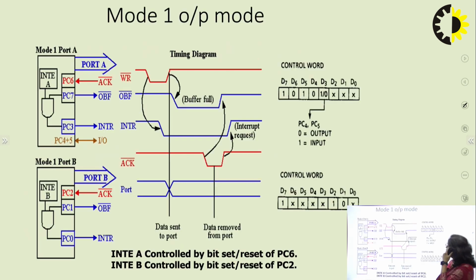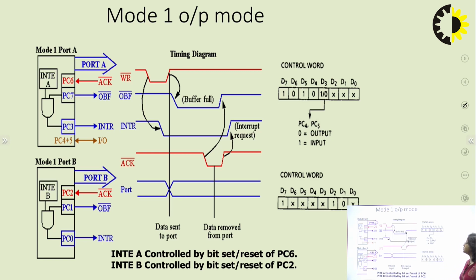So in case of mode 1 output mode, similarly as we have seen for input mode, when port A is used as output, PC6 and 7 are used for acknowledgement and output buffer full, PC3 for INTR, and 4 and 5 for simple I/O data transfer. Similarly, if we use port B, then PC2 and 1 are for acknowledgement and OBF, PC0 for INTR.